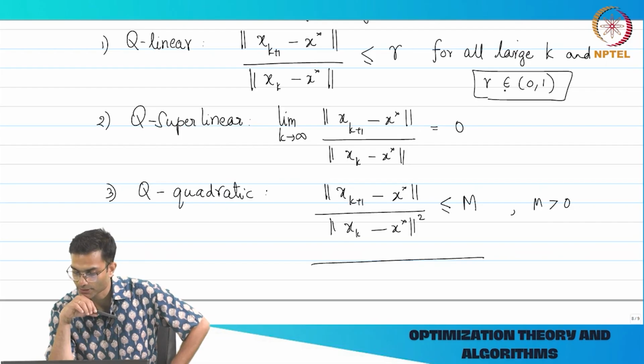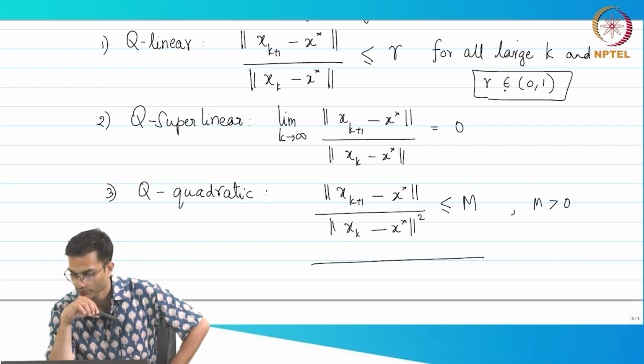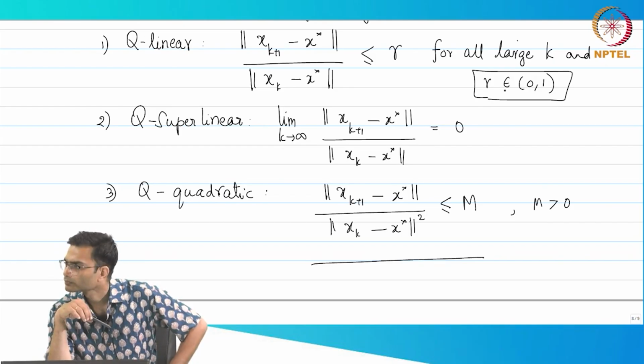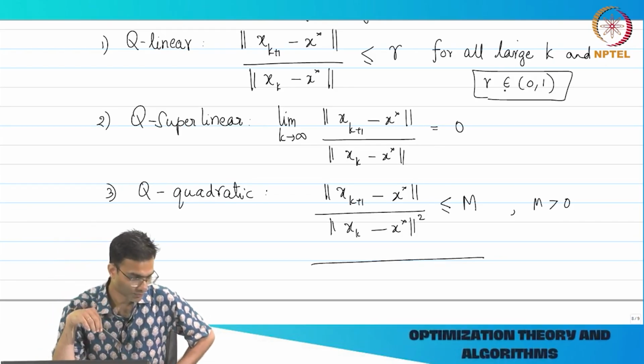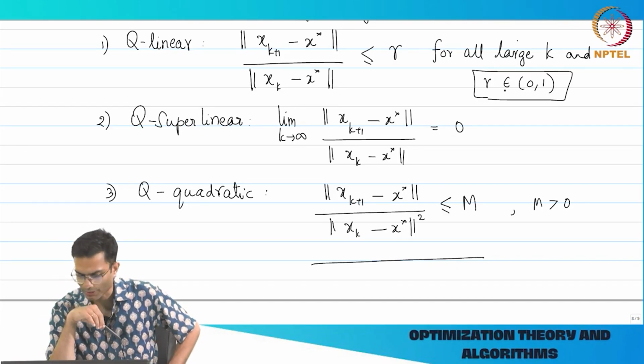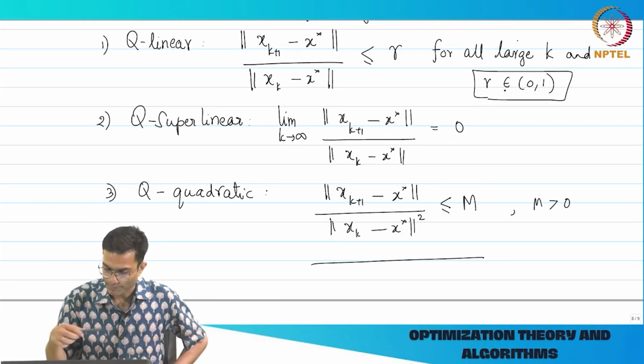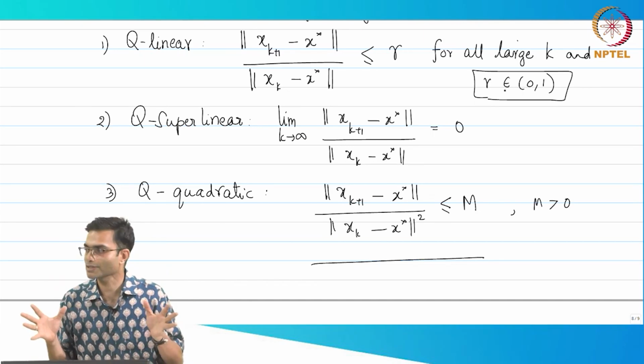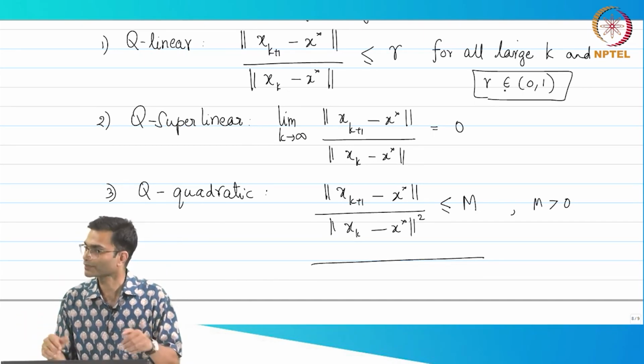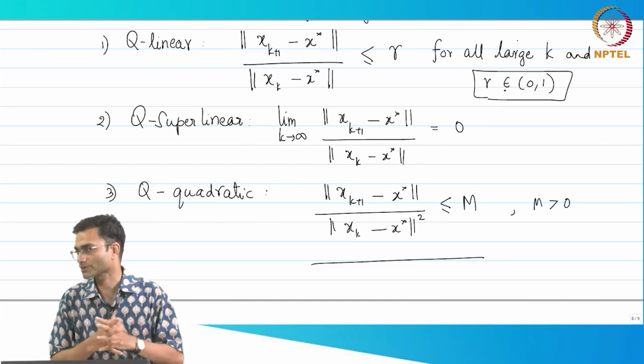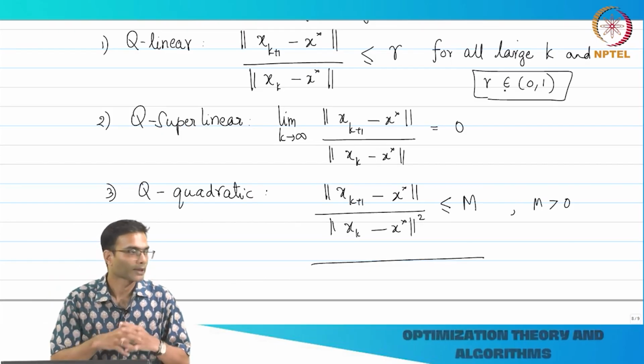R can still be less than 0.5. Yeah. Right. That is one way of looking at it, but the comprehensive way is that if it is satisfying a higher definition, I declare it to have that convergence. Okay. Yeah.